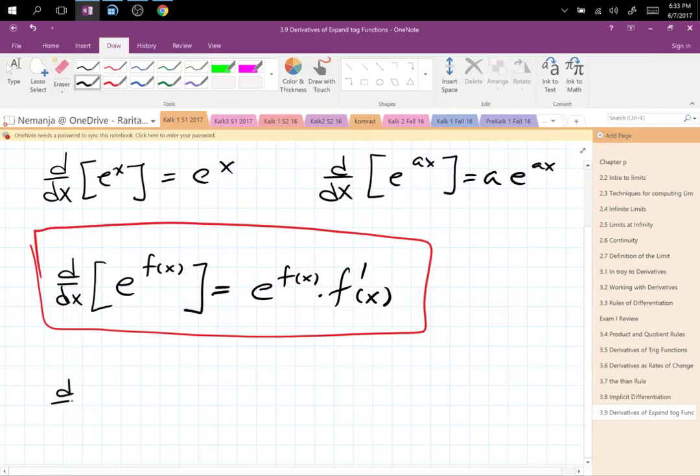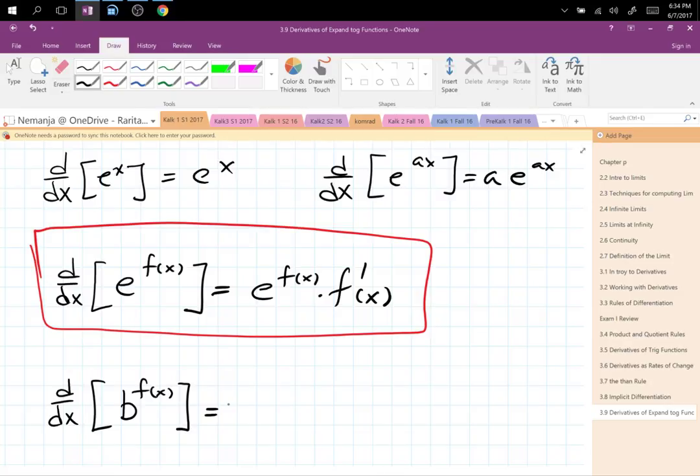The next one is b raised to the f of x, where b is any value. And this is the one which would have 2 to the sine x, or 1/2 raised to the x squared plus 3x minus 5.